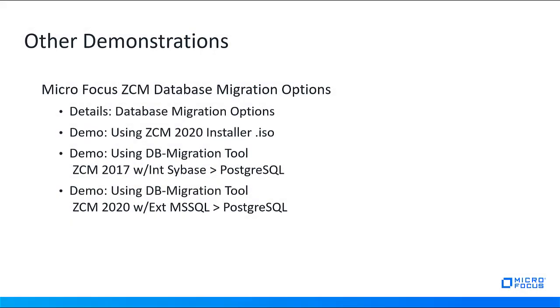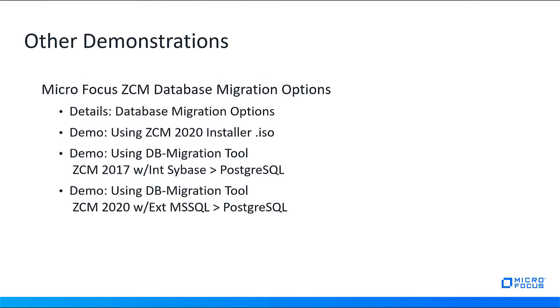There are some other demonstrations you may need to be aware of. If you're still on Sybase, you can use the Micro Focus ZCM database migration tool. There's a four-part series depending on what type of database you're migrating, but the details is a very important one in all the migration options for databases.